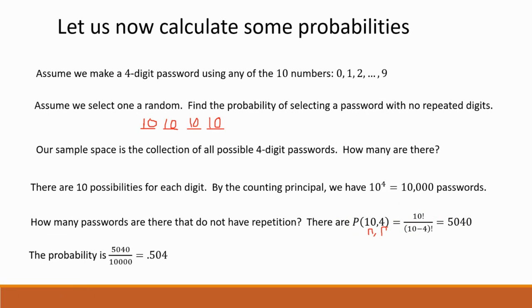So these are all the 4-digit passwords where each digit can be any one of these that have no repetition. So the probability is 5,040 divided by 10,000. These are the outcomes, or the passwords in this case, we're interested in. So we divide that by the total number.